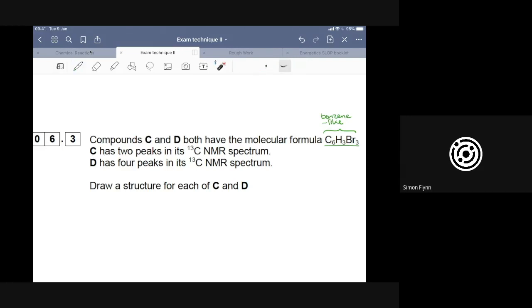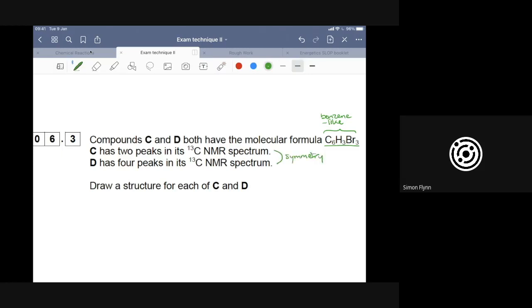When you look at these statements, you know that benzene has 6, right? And we're talking about carbon NMR. So in theory, the maximum number of peaks we could have is 6. Now we've got 2 and we've got 4. And that says to me symmetry.